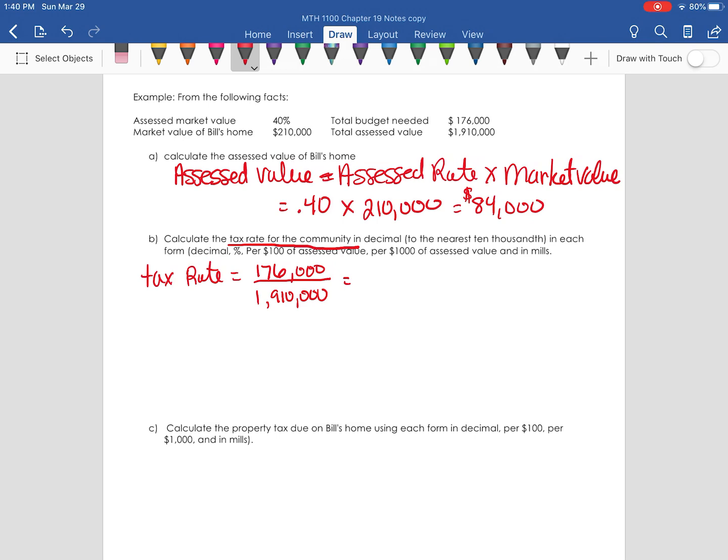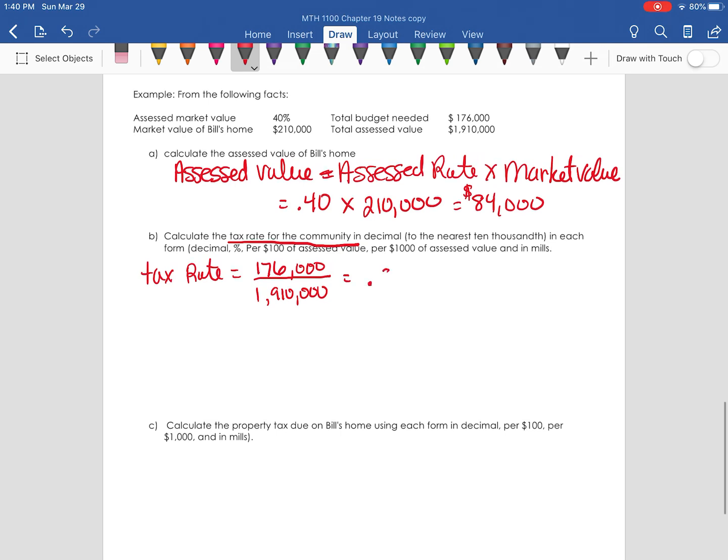So if I take $176,000 and divide by $1,910,000, that's going to give us a tax rate of 0.0921465969.